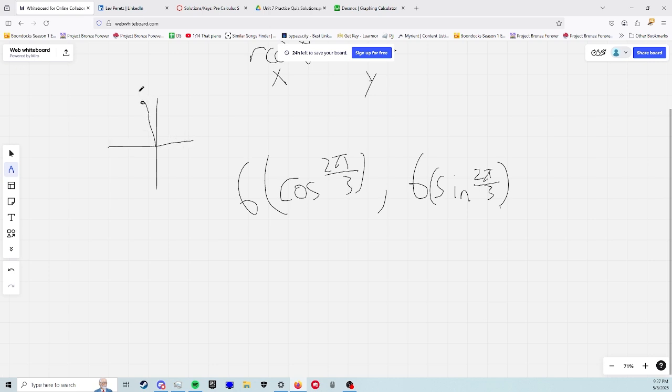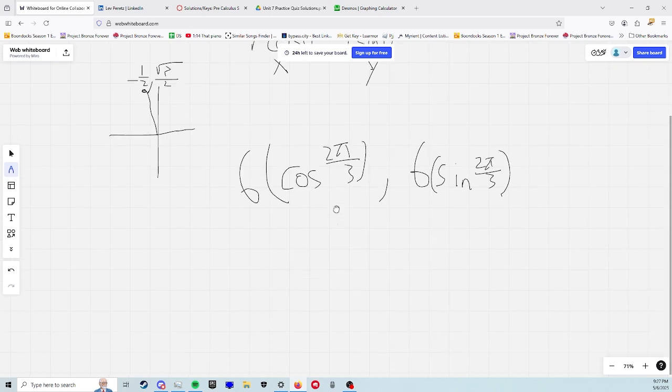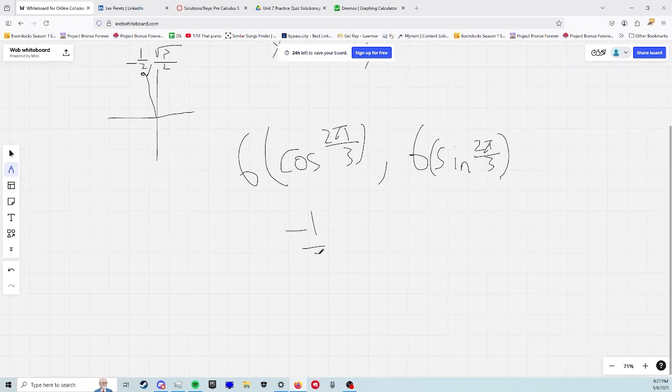So this is negative 1/2, root 3 over 2. So cosine 2 pi over 3 is negative 1/2. And then sine is the y value, so 6 root 3 over 2.